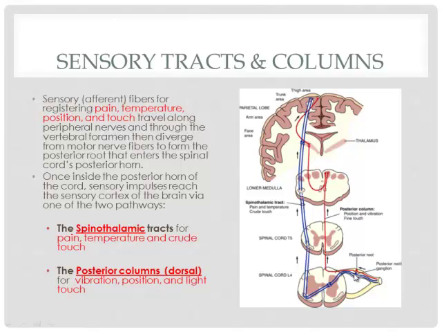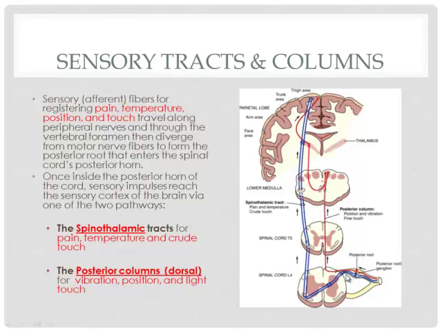What ends up happening is that these afferent fibers, which again carry pain, temperature, position, and touch, are going to do one of two things, and it just depends upon which tract they go. So the spinothalamic tract, which carries pain and temperature and crude touch, is what we're going to focus on, the blue lines. Let's say I touch a hot stove. That sense of this is hot is going to be carried along my spinothalamic tract.